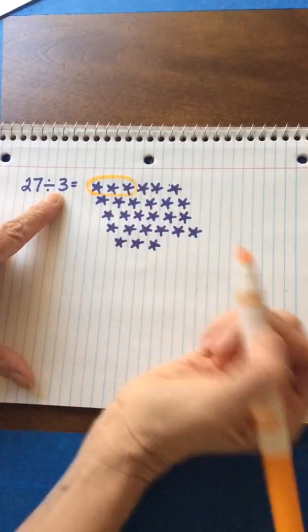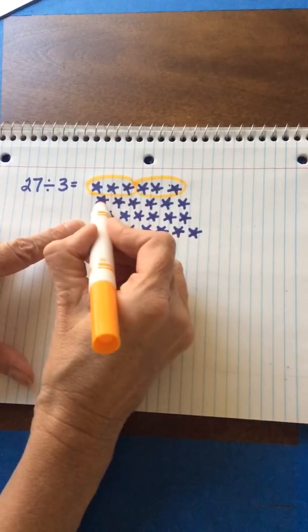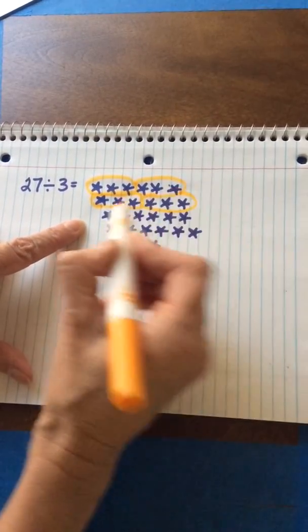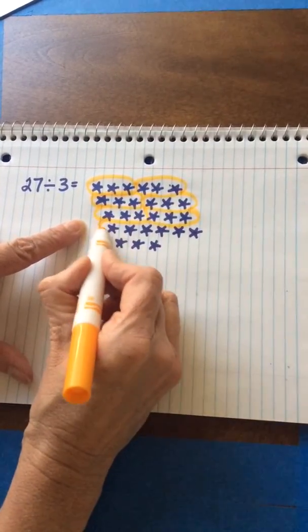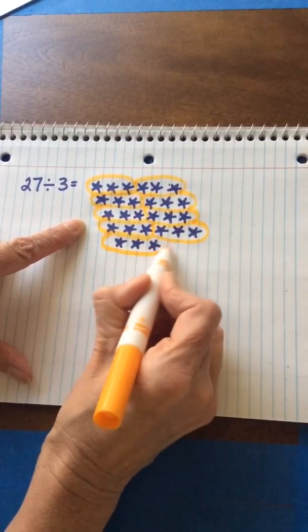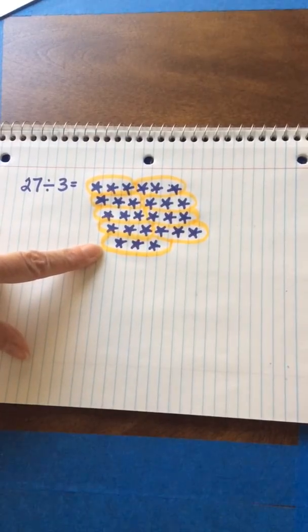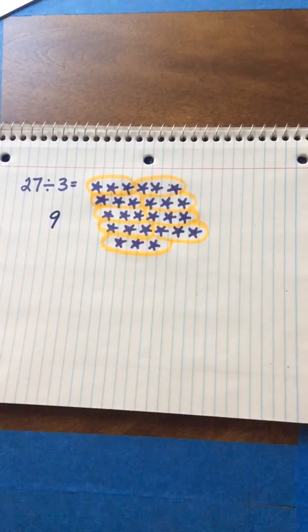So I take out 1 group, 2 groups, 3 groups, 4, 5, 6, 7, 8, 9 groups. I have circled 9 groups of 3, so my quotient is 9.